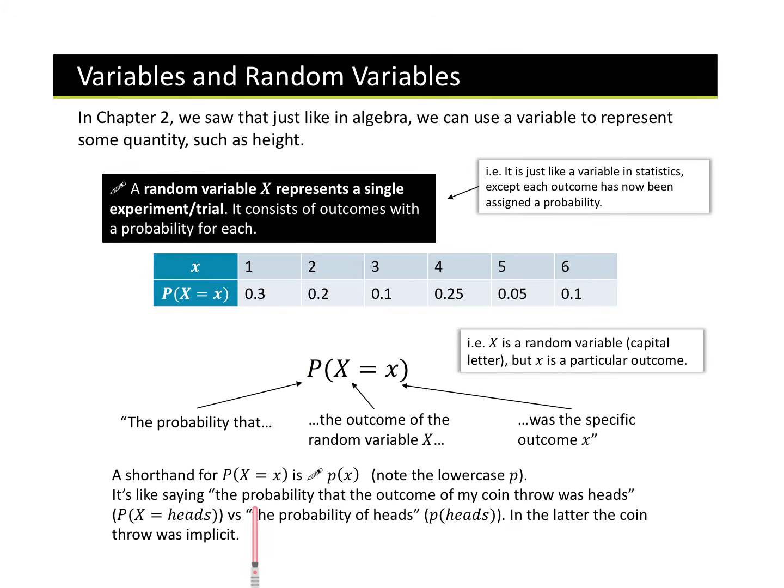The probability of X equaling x is P(x). We have the capital P because this is saying the probability that the outcome of my coin throw was heads is the probability P(x), and this is the probability of heads. The more we get to use this notation, the better we will feel.